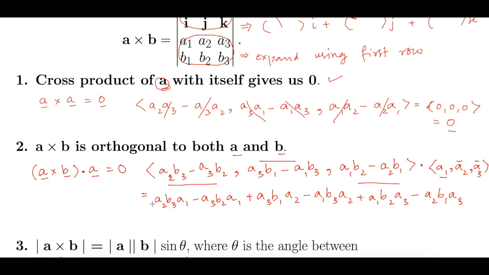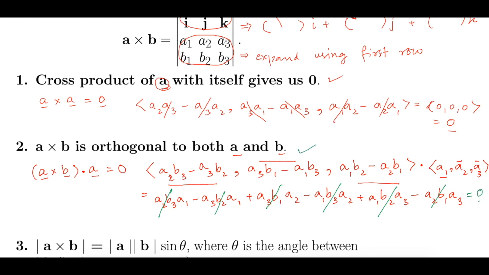Then let's see what cancels out. A2 B1 A3 cancels out with this one. Then we have A1 B3 A2, so this goes and this goes. And then we have A1 B2 A3 twice, so this goes and this goes. So the answer is 0. This is now proved.